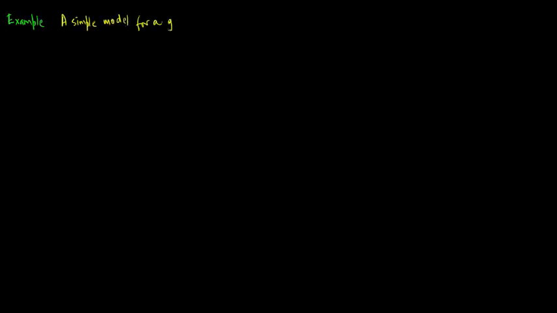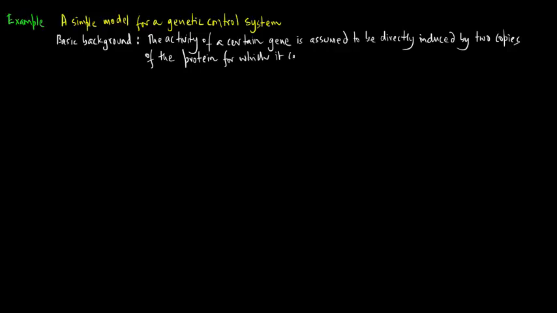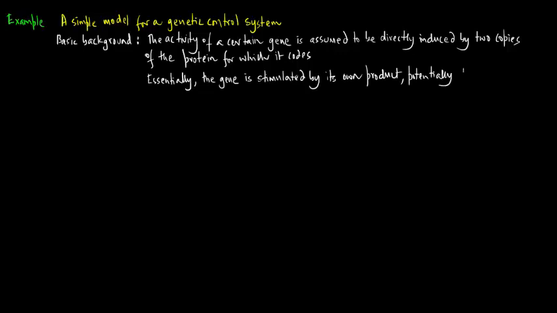So we consider a simple model for a genetic control system. We start with some basic background. The activity of a certain gene is assumed to be directly induced by two copies of the protein for which it codes. So essentially, the gene is stimulated by its own product, potentially leading to an autocatalytic feedback process.